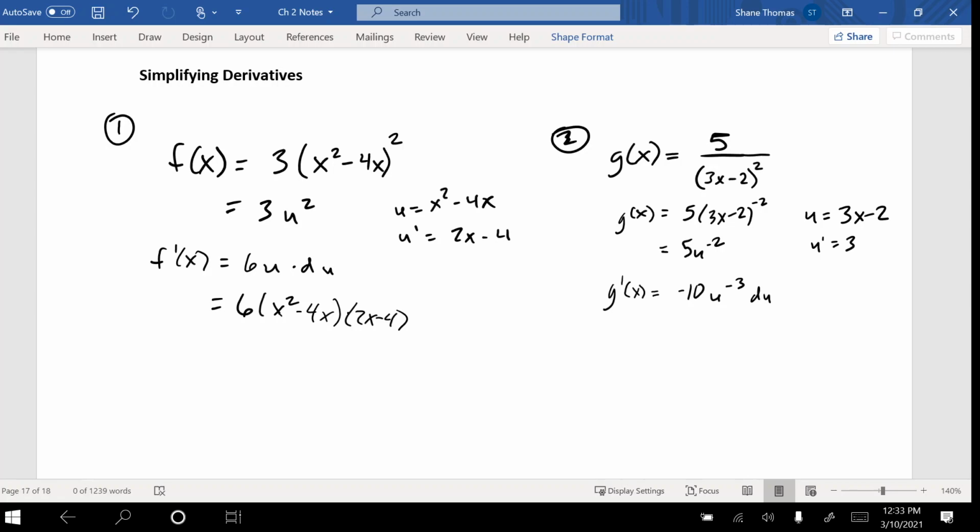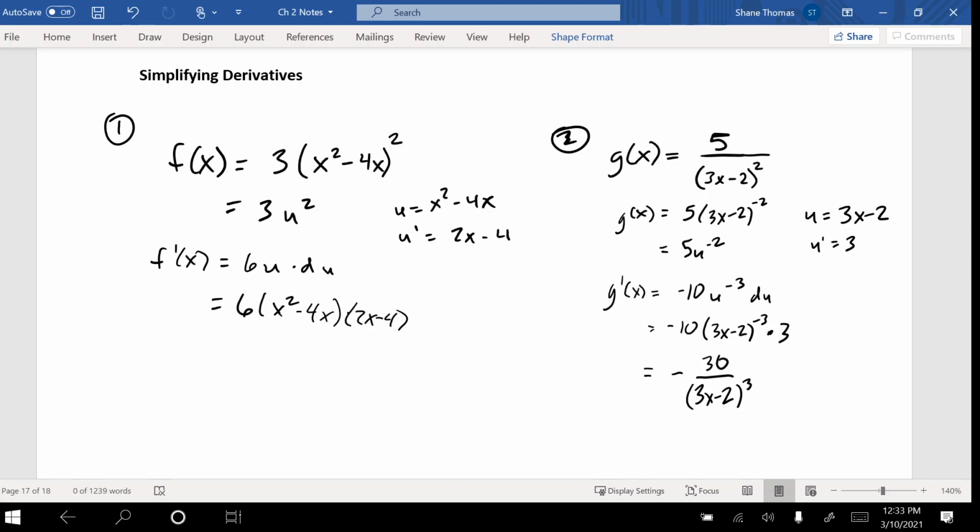Okay, bring it back over. So I have negative 10 times 3x minus 2 to the negative 3 times 3. I'm going to do the simplifying here. 3 times negative 10 is negative 30 over, I'll take this guy back to the bottom, 3x minus 2, quantity cubed.